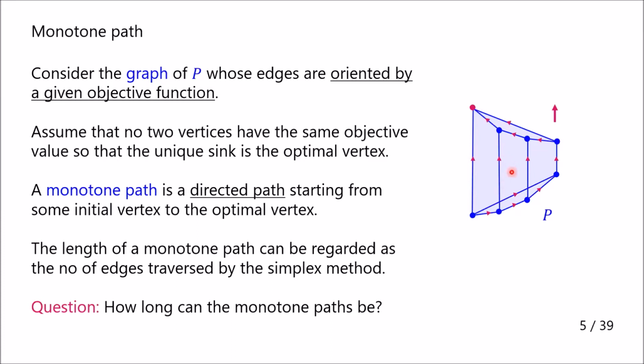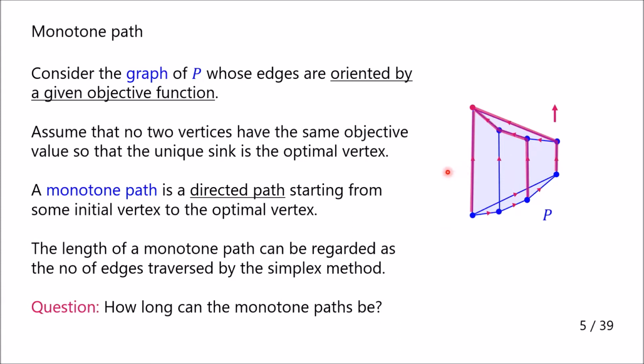Under this assumption, the unique sink of this graph, in this case here, corresponds to the optimal vertex. A monotone path is a directed path starting from some initial vertex to this optimal vertex. Here, the initial vertex is not specified. For example, this one and this one are all monotone paths.